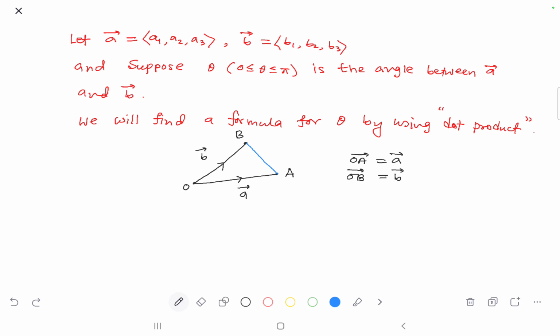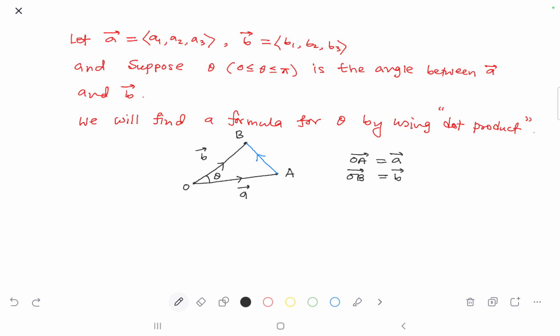A to B or B to A. Okay, A to B. So this direction you took. Okay, very good. So now we know this angle is theta, right?